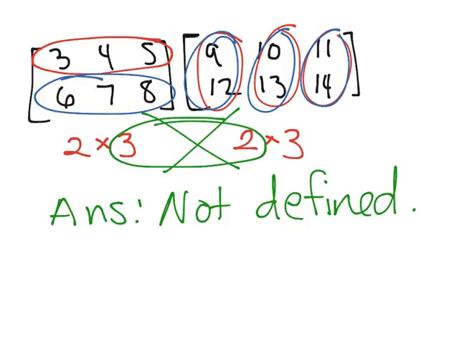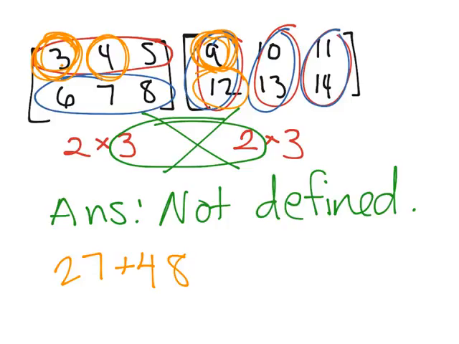If we try to do this, taking the corresponding numbers and multiplying them, we multiply the first number in the row times the first number in the column, and you say, it's alright, 3 times 9 is just 27. Now we move on to our second element, so 4 times 12 is equal to 48. But now there's nothing to multiply by 5.